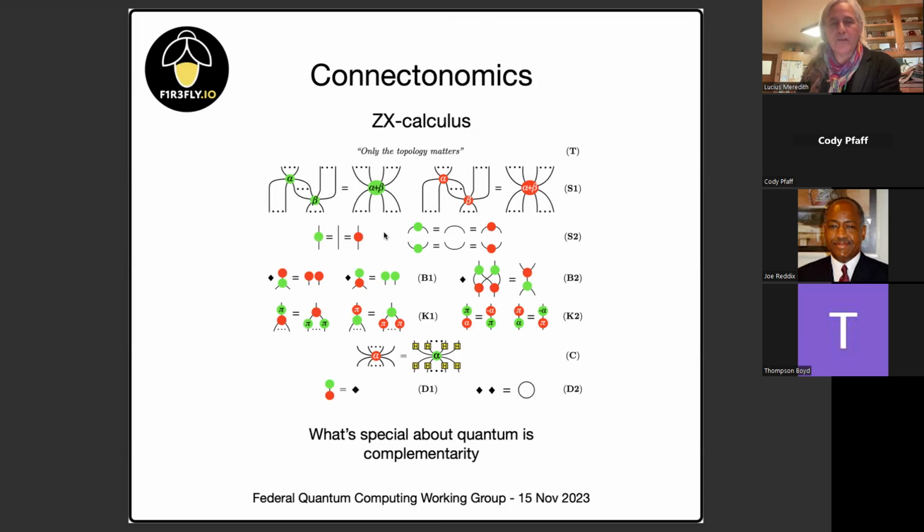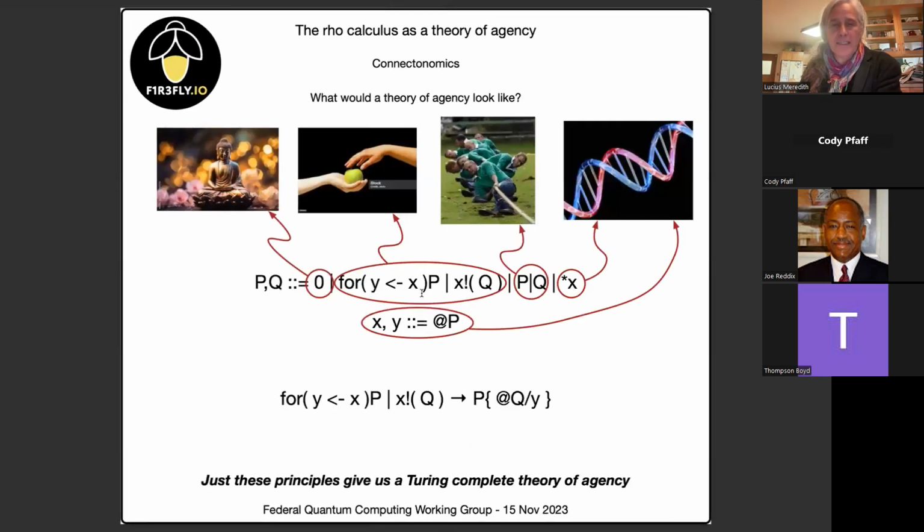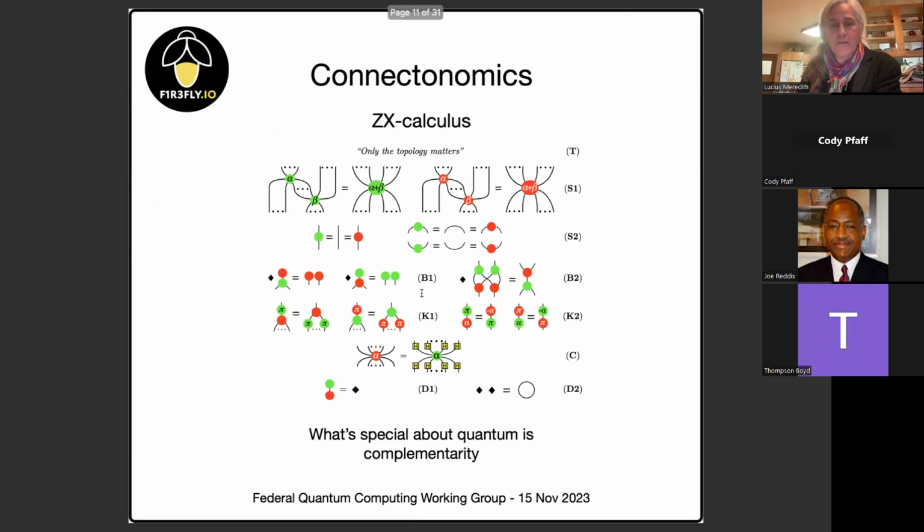Now, Bob likes to point out that you can think of these diagrams as classical, and then the quantum version of them is just you double everything. So ZX calculus also gives you this ability to reason about hybrid systems. In my opinion, this is much easier for reasoning about classical protocols, whereas this is somewhat easier for reasoning about quantum protocols.